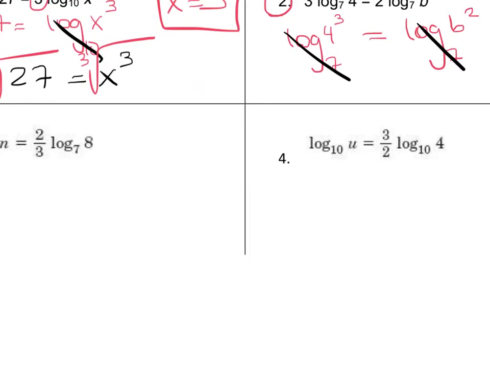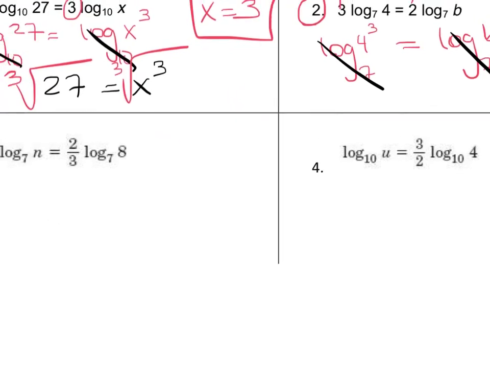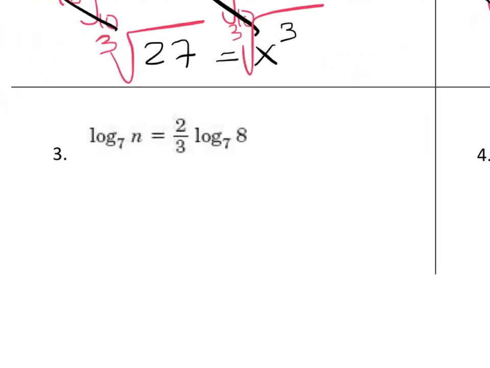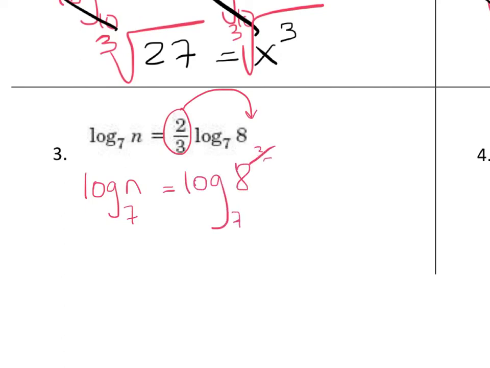So which one do you want me to do? Let me do number 3, and you try number 4 on your own. Okay, so log base 7 of 9, this is a power, take it up. It's going to be log of a to the power 2/3.